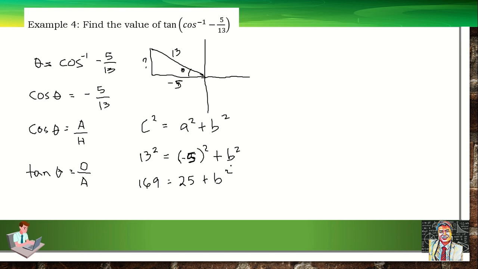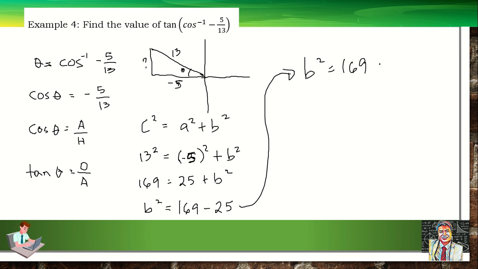Since kailangan b squared lang matira, so transpose natin yung 25 sa left side. Magiging negative siya kung ita-transpose natin. So this will become 169 minus 25. So that is b squared is equal to 169 minus 25.